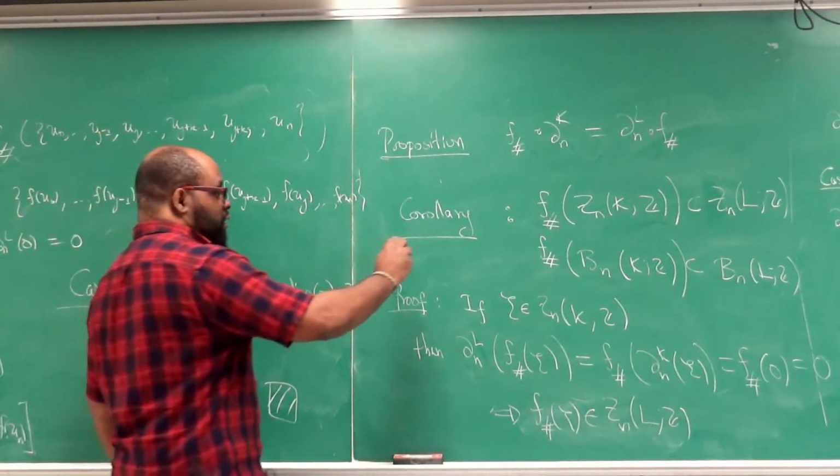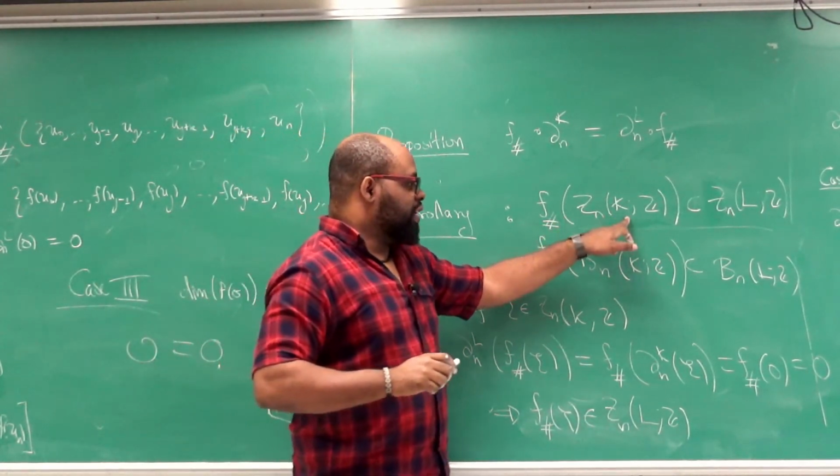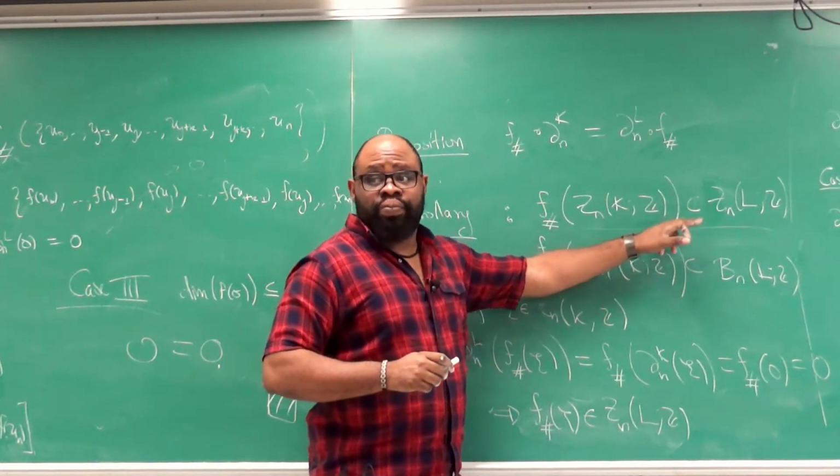So that's this first statement: F sharp takes cycles in K to cycles in L.